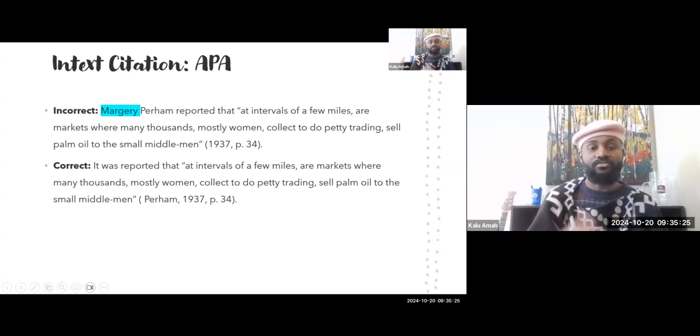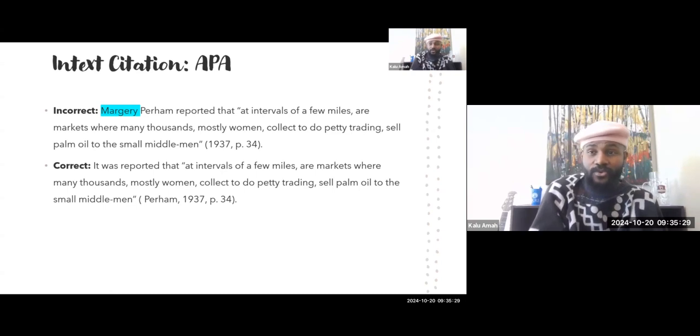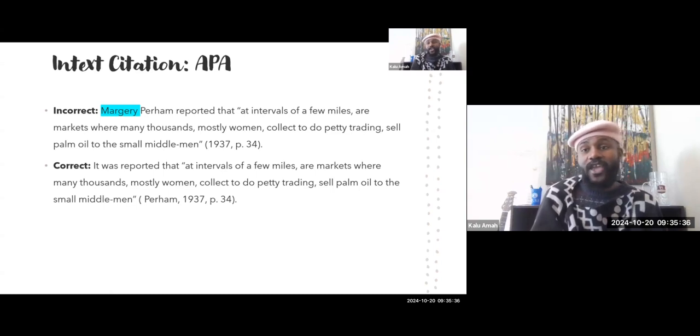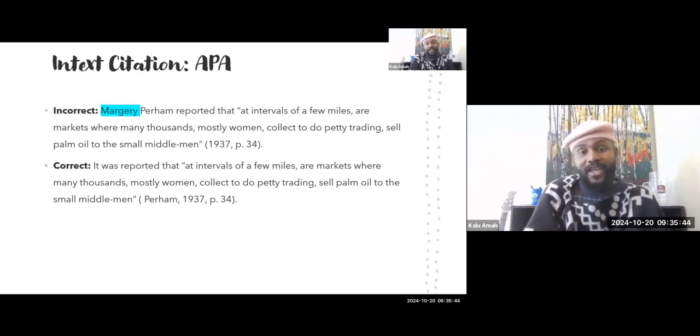You can also put it this way: it was reported that, in case you don't want to start with the author's name, then you do your direct quotation, but you have to end it with a citation where you lifted this quote. Then we have something like Perham 1937, page 34.